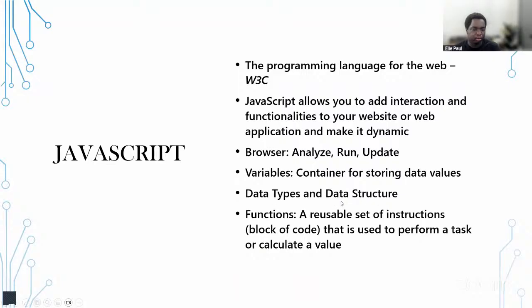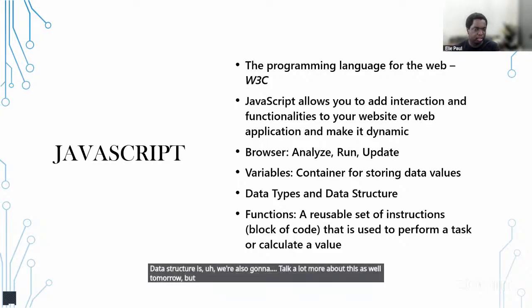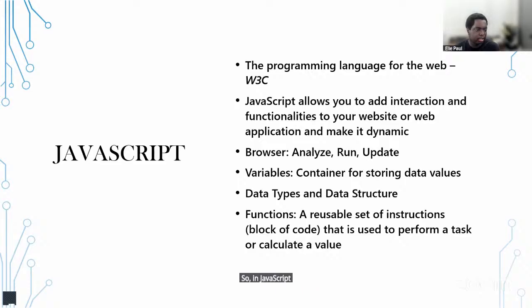We will use data structure. We are also going to talk a lot more about data structure tomorrow, but not in terms of JavaScript, but in terms of coding interviews. So in JavaScript, data structure is a way to organize, store, and maintain data in a way to access it easier.